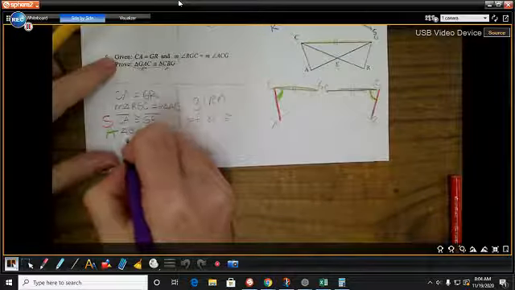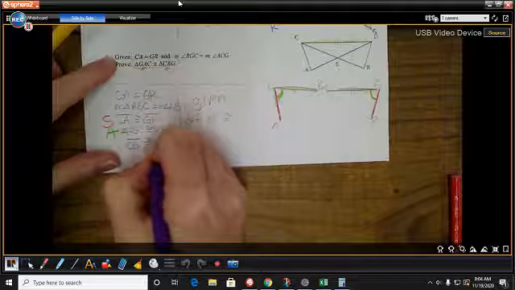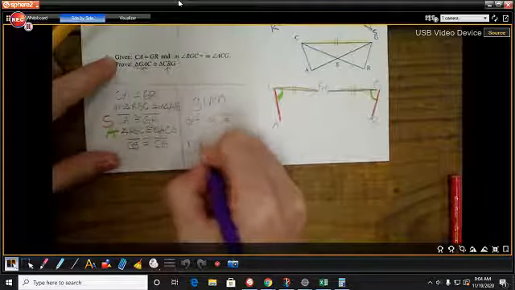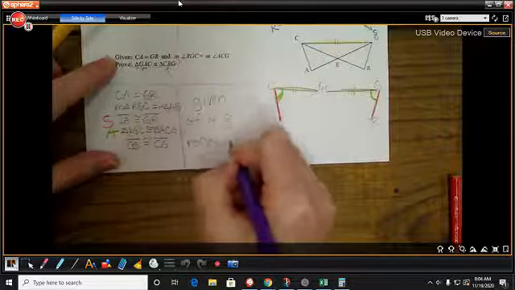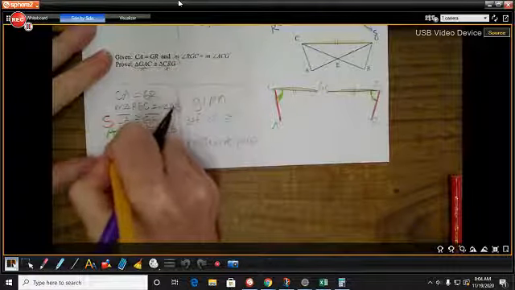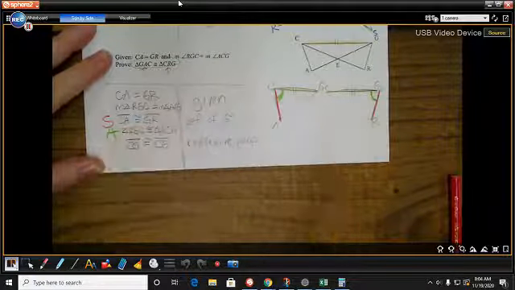So I can say that segment CG is congruent to segment CG, and that is because of the reflexive property. Everything is always congruent to itself. And that gives me a side in each triangle.